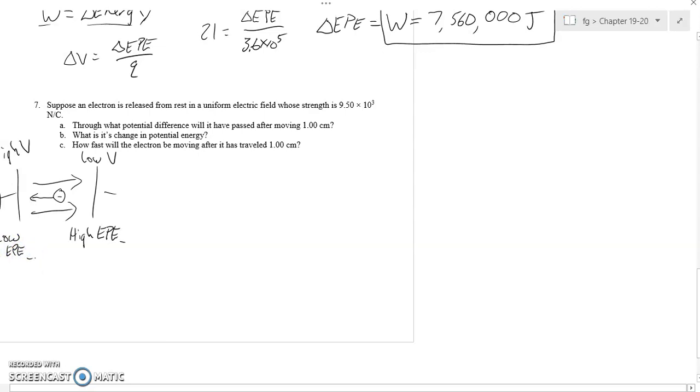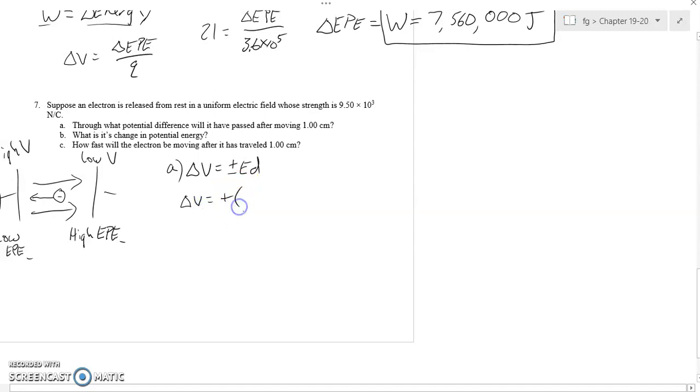Now we want to know the potential difference. So part A. We're given the electric field and we're given the distance. So if you look at your equations, plus or minus ED is what we want to work with here. Now the negative charge is moving towards the positive, so it's going to get a higher electric potential, so its change in potential should be positive.